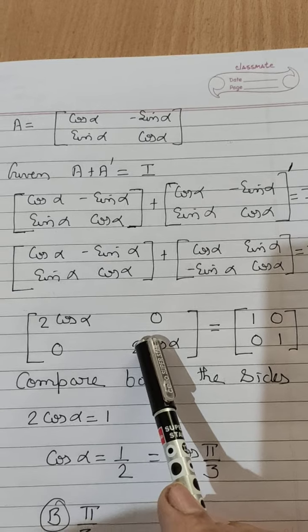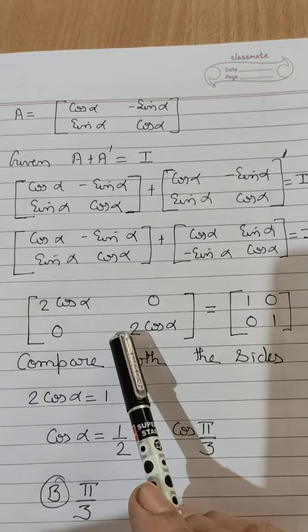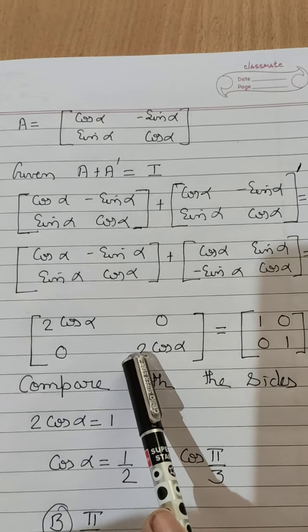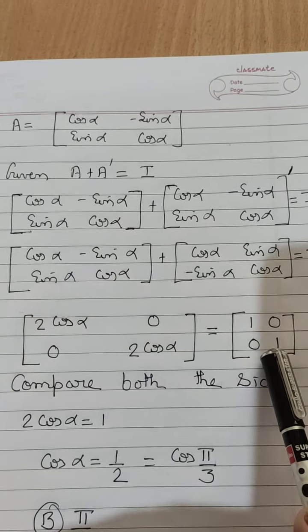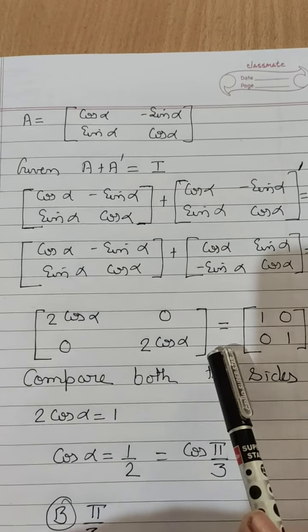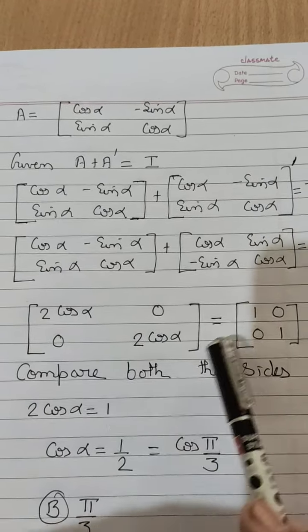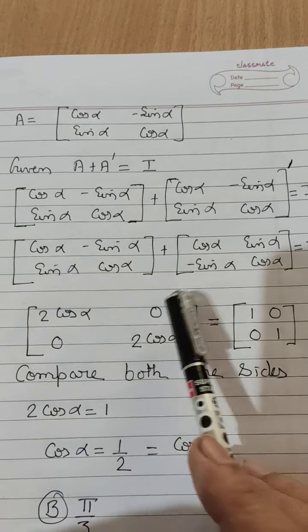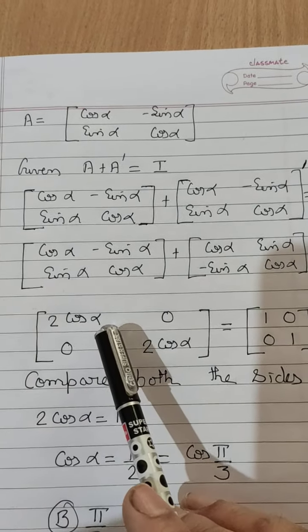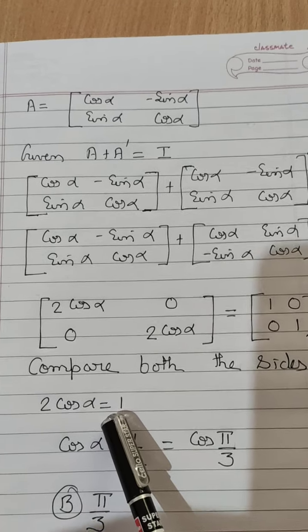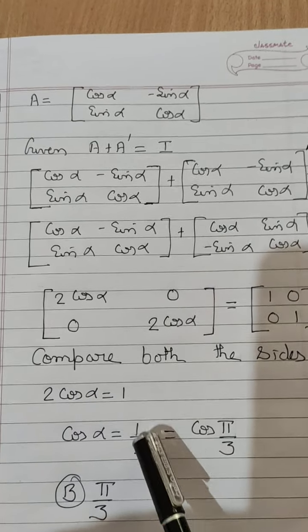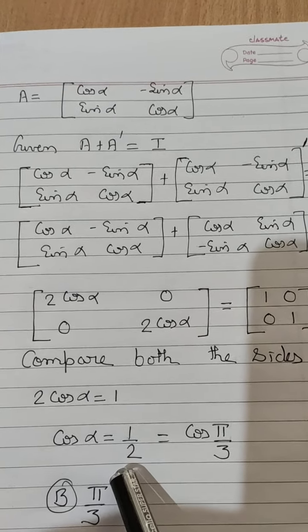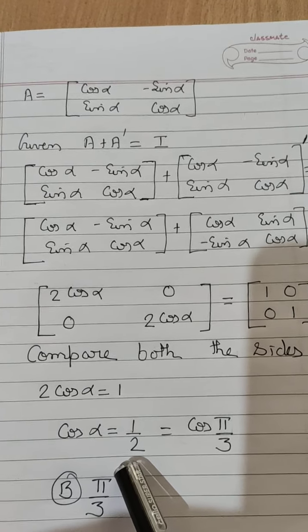Now we are applying the definition of equality of matrices. Two matrices are equal if their corresponding elements are equal. So the order is already the same, so the first condition we do not have to check. So 2 cos alpha is equal to 1, 0 is equal to 0. We are equating this value only because we have to find the value of alpha. So cos alpha is equal to 1 by 2. All are knowing how to solve a trigonometric equation.